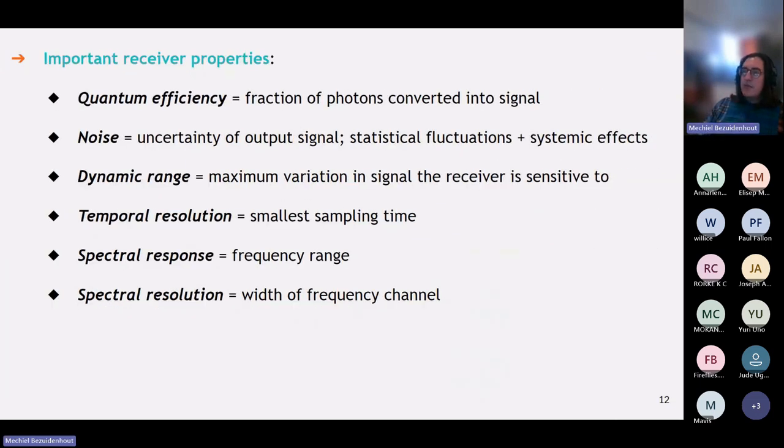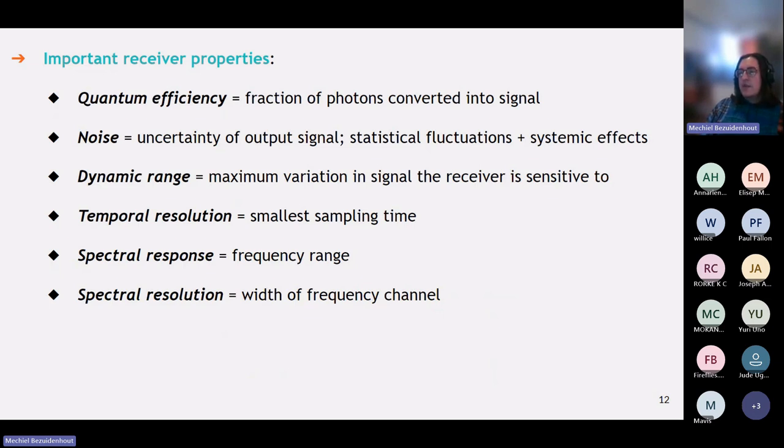Here are some important properties of receivers. The quantum efficiency of the receiver quantifies the fraction of photons that are converted into the signal. The noise in the signal is defined as the uncertainty of the output signal, and it's a combination of statistical fluctuations and systemic effects. The dynamic range is the maximum variation in the signal that the receiver is sensitive to.